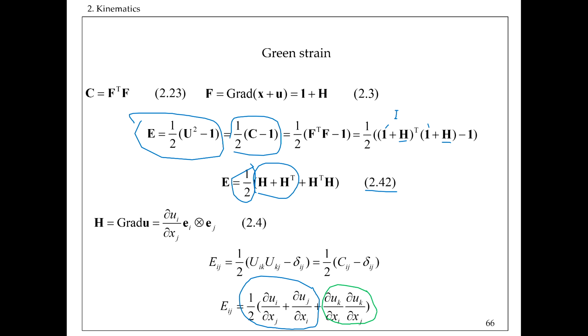If we want to properly deal with large deformation and geometrical nonlinearity, this term, which comes exactly from here, the quadratic term, we definitely need to account for and carry with us. So that's what the Green strain adds to our original definition of the strain, the engineering strain.